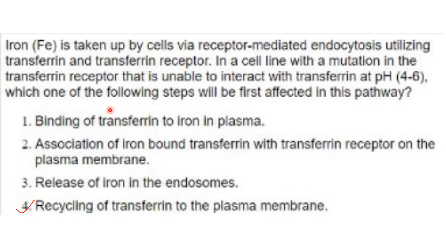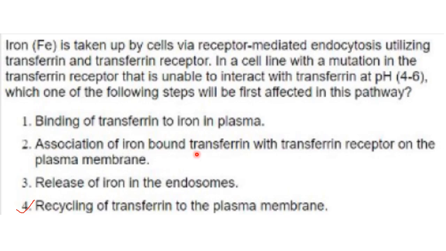Now, which one of the following steps will be the first affected in this pathway? So, first is binding of transferrin to iron in plasma. That will not be affected because it is at pH 7, it is not at pH 4 to 6. So, binding will take place and it is happening outside.